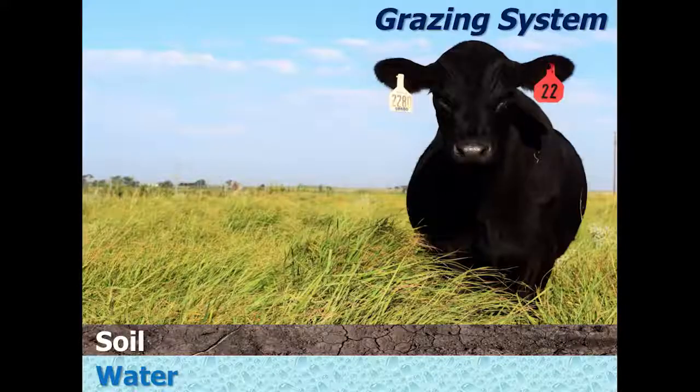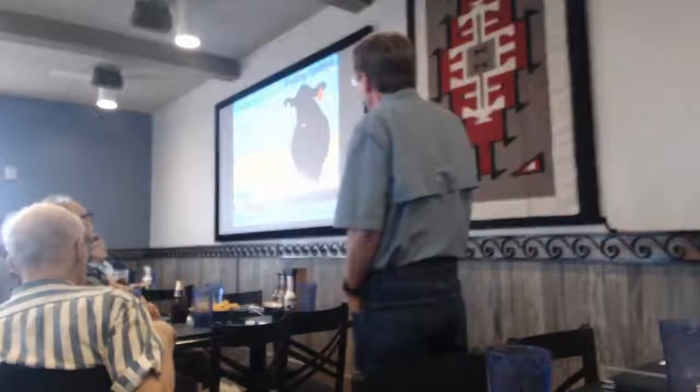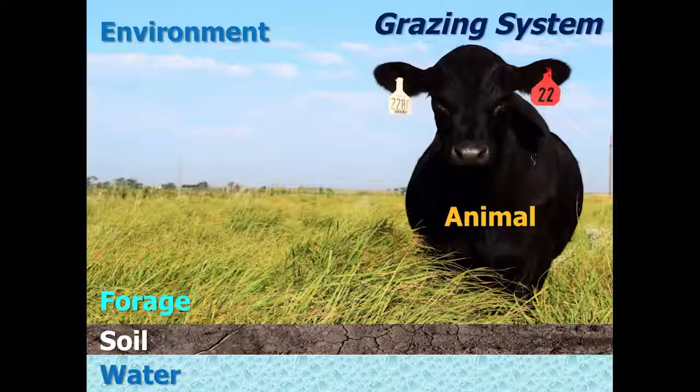Okay, so now here is our grazing system. Here's our steer. We put the steers into the grass. We have water in the soil. Here's our soil horizon. And the forage, of course, is the grass, and the environment is the atmosphere. So the atmosphere is sucking water from this water pool.